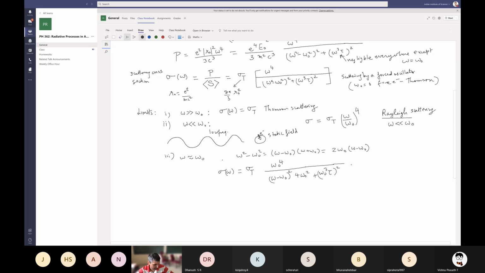Recall gamma is equal to omega naught square tau. So what do we have?